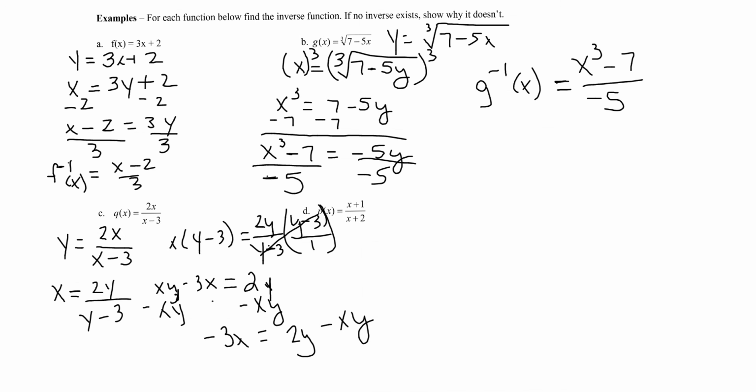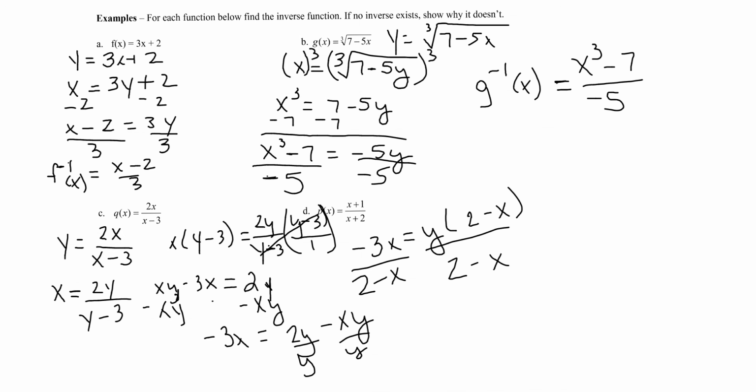And we are going to factor out a y here. So when we do that on this side, I'm going to write it over here, we're going to get negative 3x is equal to y times, if I divide this by y and this by y, it's going to leave me with 2 minus x. And now we'll divide both sides by 2 minus x.